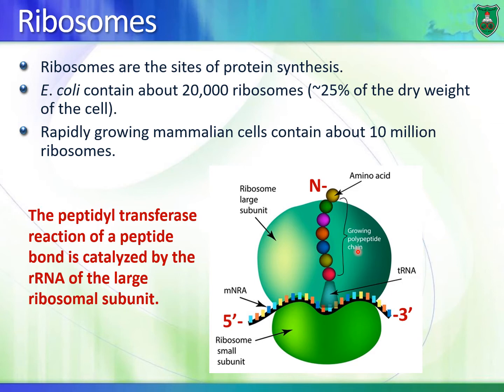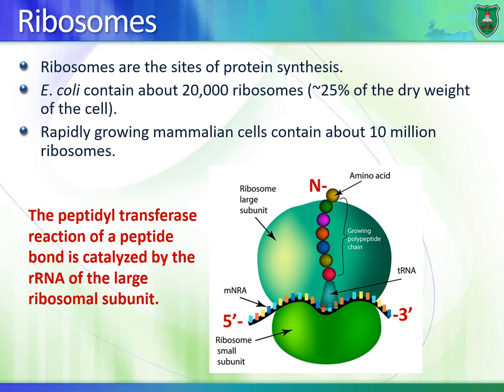Okay? And what's interesting is that the molecule responsible for the peptidyl transferase activity is actually the ribosomal RNA molecule. So RNA molecules can function as enzymes, and this is one case.